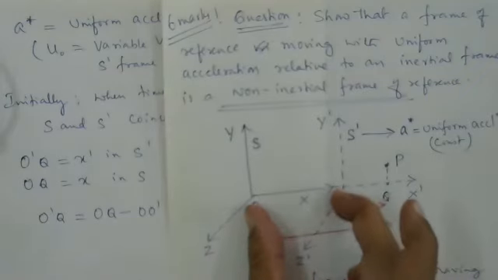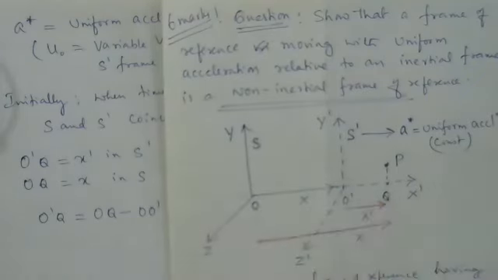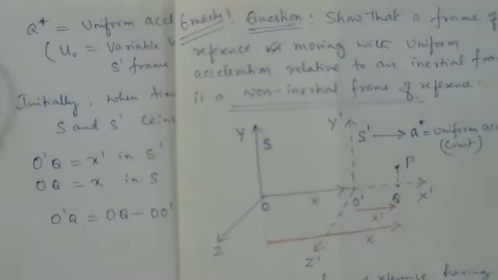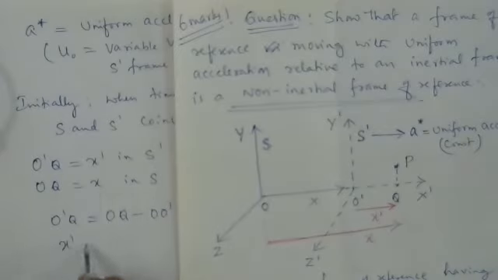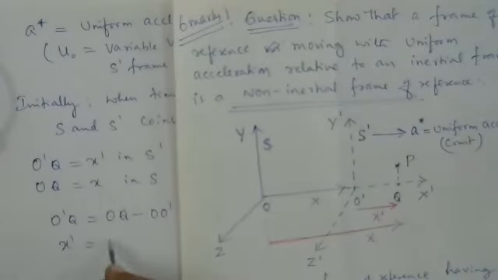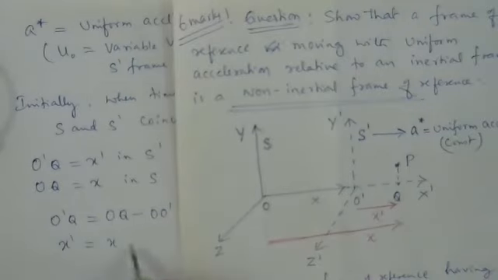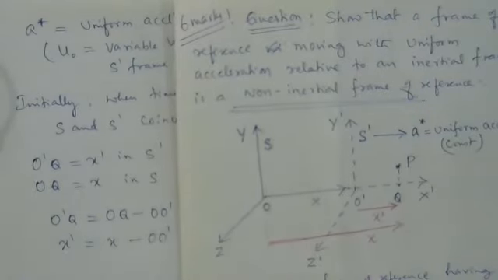That's all the concept. But O dash Q is equal to how much? O dash Q is equal to X dash, and OQ is equal to X, minus O dash.